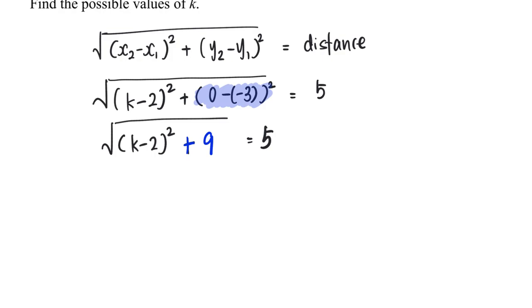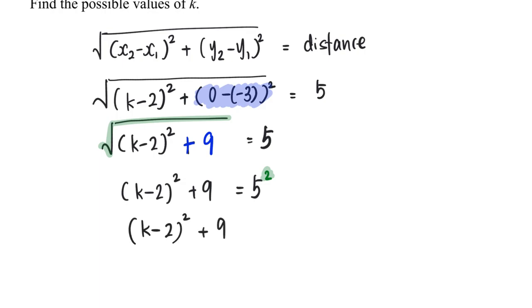If I do not want the square root, I square both sides, so that you will have 5 square. That will eliminate the square root. So slow and steadily, I will eventually get my answer pretty fast.